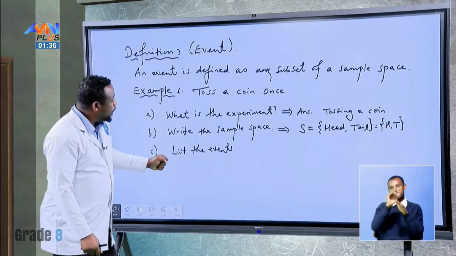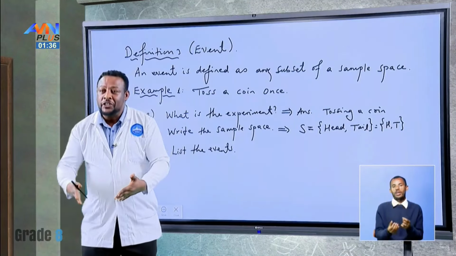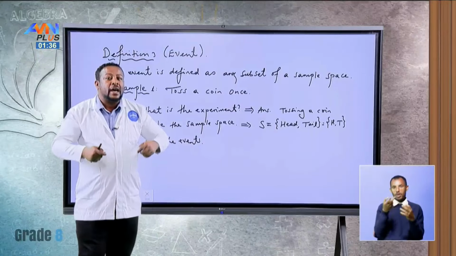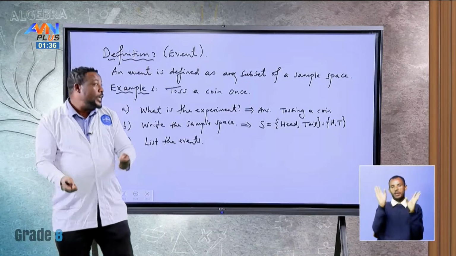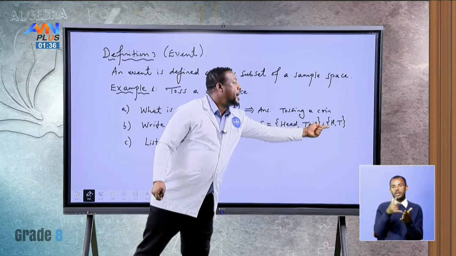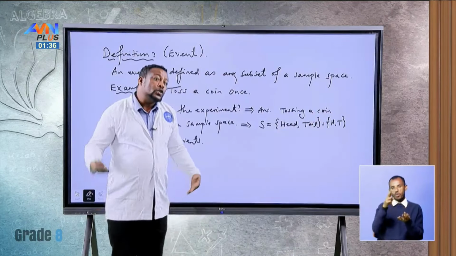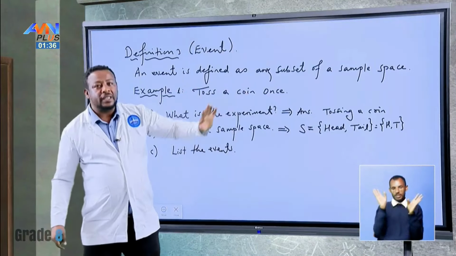The third one is, list the events. In our definition, we have said that an event is any subset of a sample space. As you can see here, the sample space contains head and tail only. So our events can be a set containing one of these things.